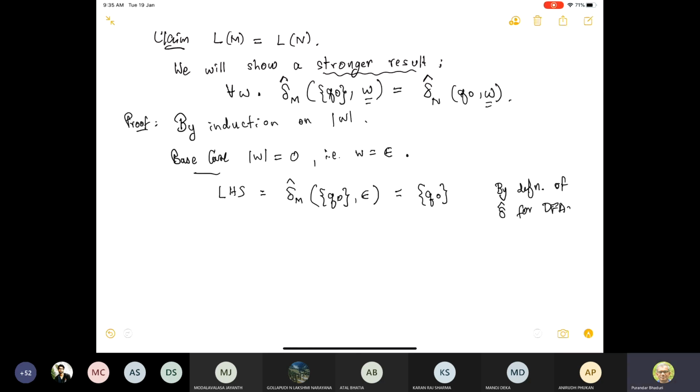And this is by definition of delta hat for DFAs. We gave an inductive definition. Delta hat Q epsilon is just Q, right? Here, of course, each state is a set of states. So whatever you have here, the result is that state, which is a set, right? So no problem. What is RHS?